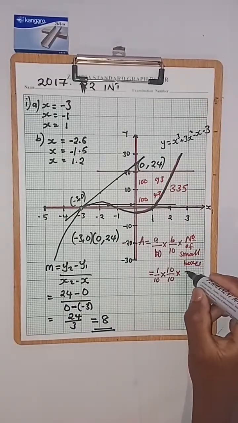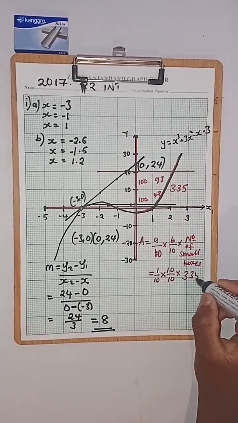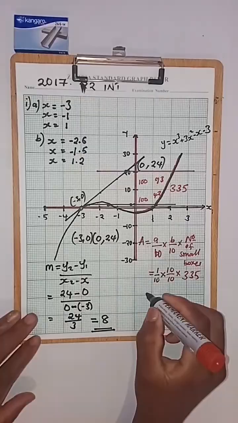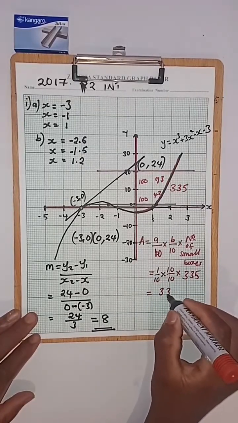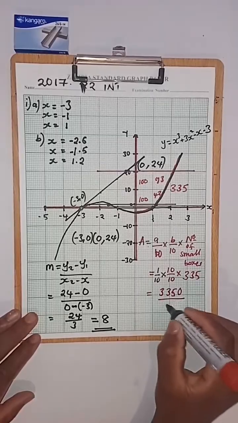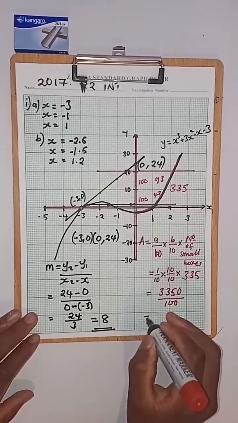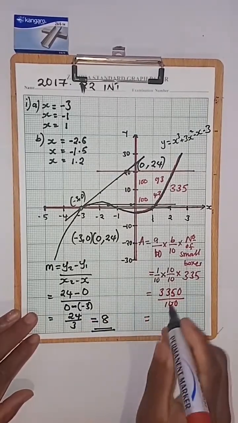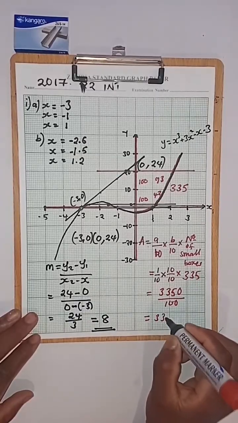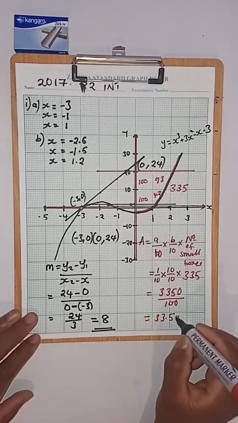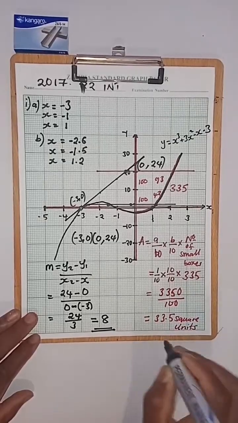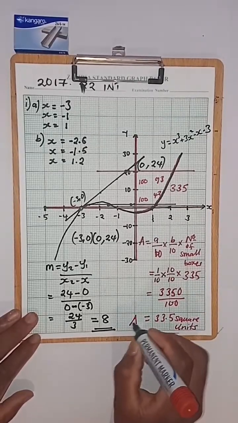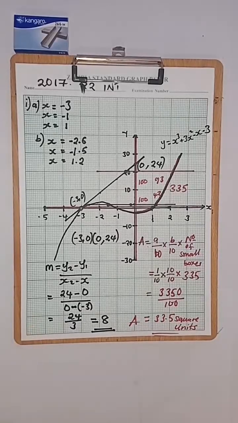So here you're going to say multiplied by 335, like that. Okay, 1 times 10 times that figure, we are going to get 3350 over 100. Then we're going to simplify this. You're going to get 33.5 square units. Square units, like that. Okay, so this is how you can find area.